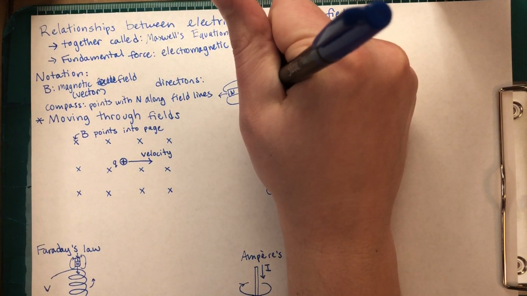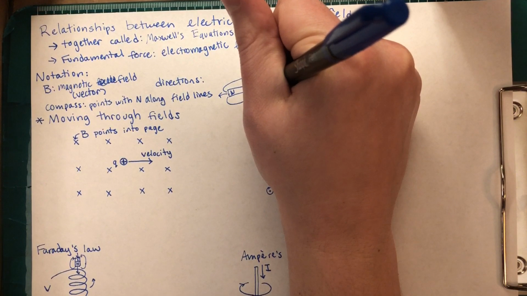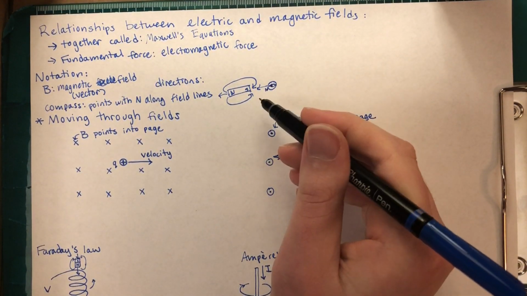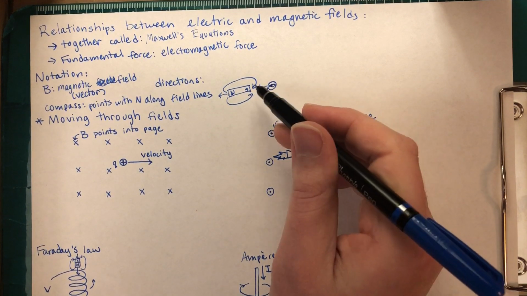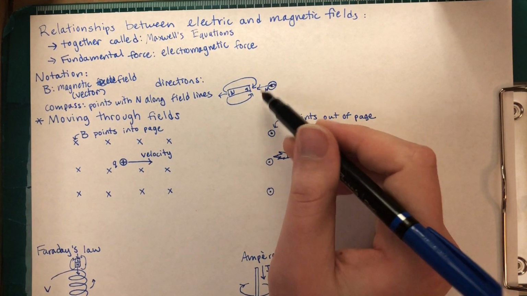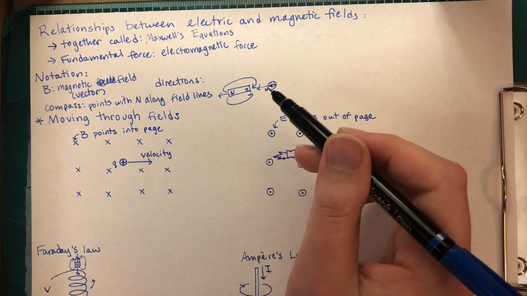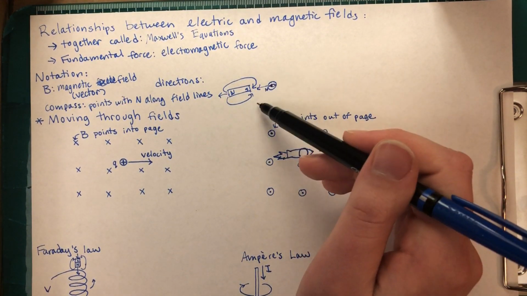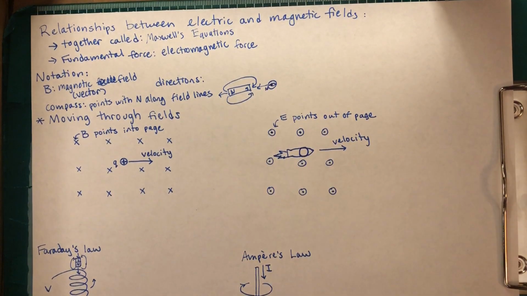So this would be the north indicator of the compass. Just remember that the north indicator of the compass points along the magnetic field lines, which, yes, means that it sometimes points towards the south pole of the magnet. But the compass arrow follows these field line arrows.